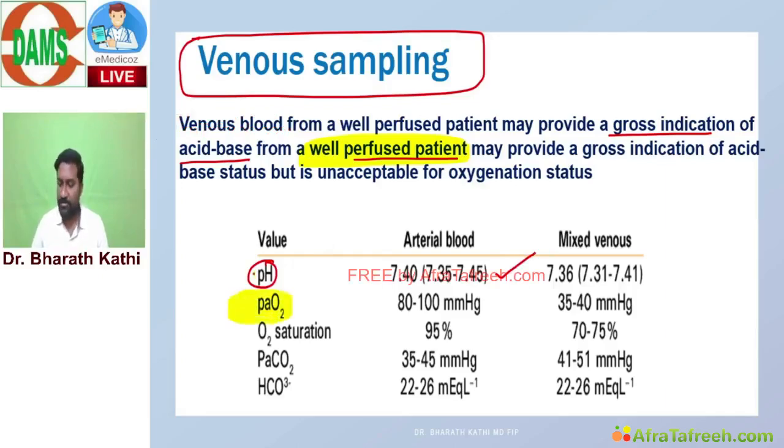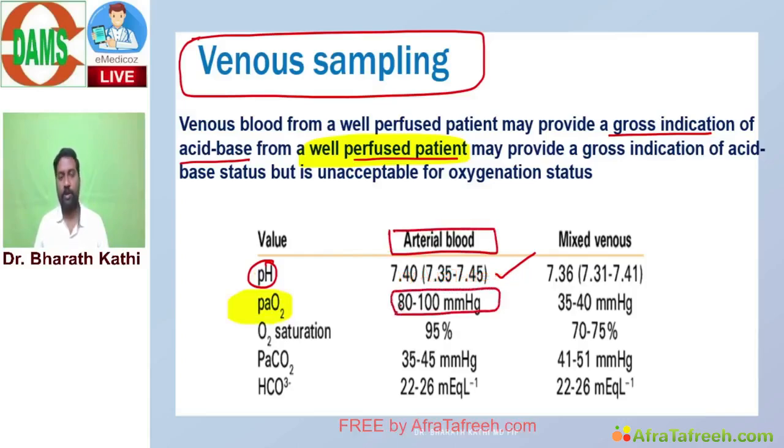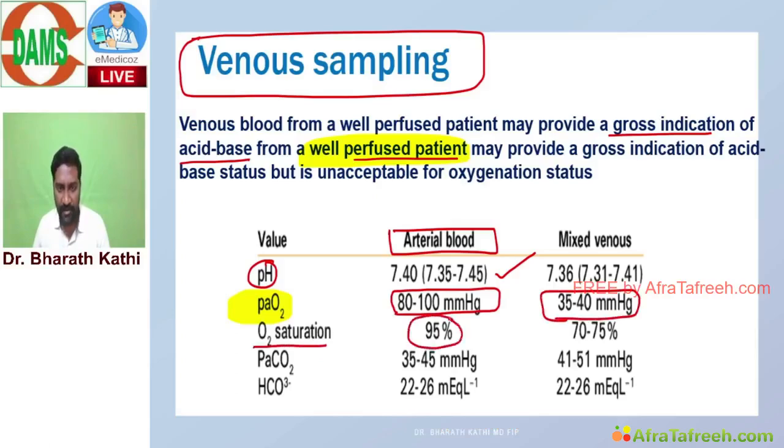Arterial blood oxygenation will be very good, whereas in venous blood it will be very less. And O2 saturation in arterial blood will be always 95%. The machine also calculates O2 saturation.